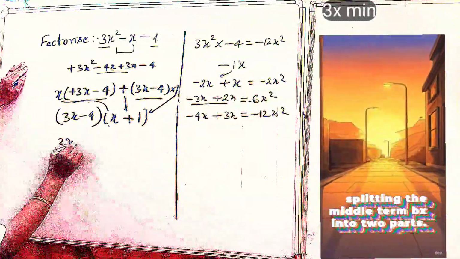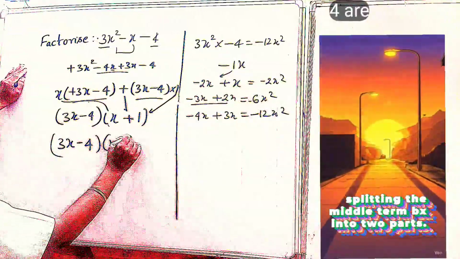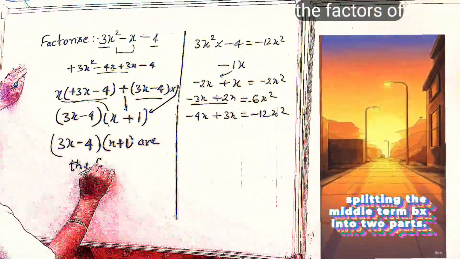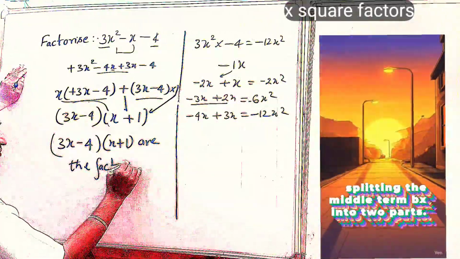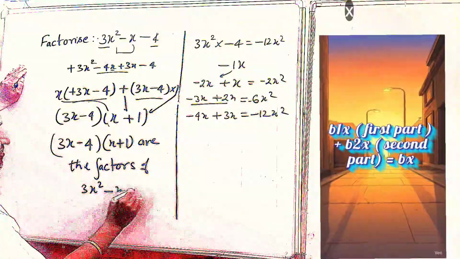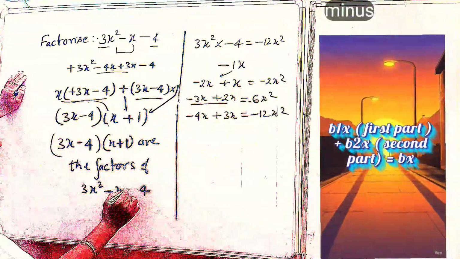So 3x minus 4 and x plus 1 are the factors of 3x² minus x minus 4.